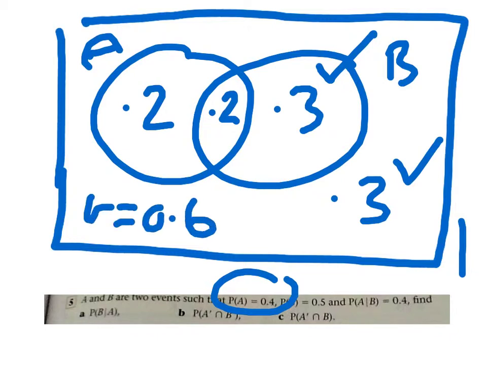And the last question, in fact I've actually covered up the previous question. What they're actually asking is not being in A and not being in B, so we'll quickly change that. Not being in A and not being in B would be 0.3, which I'd already put into the diagram. And the last part, not being in A but being in B, is where you can see the ticks, so our answer is 0.6.